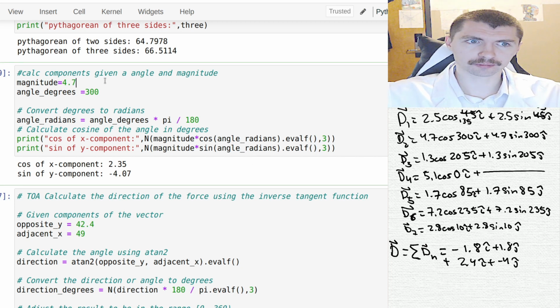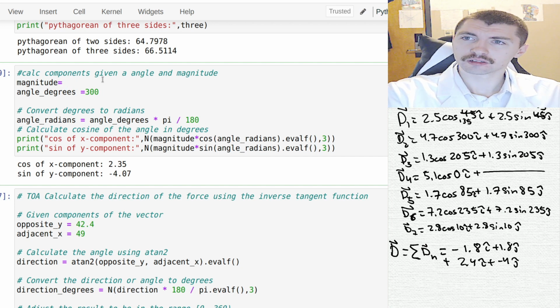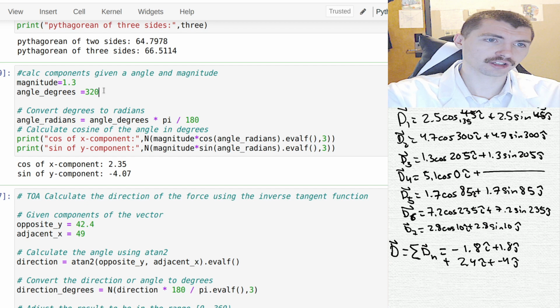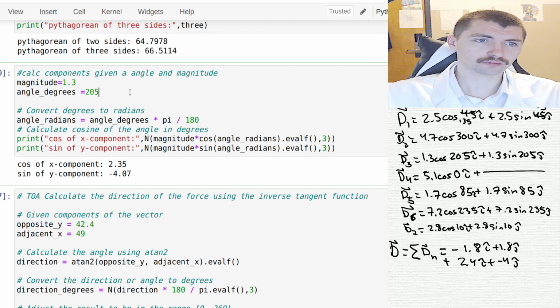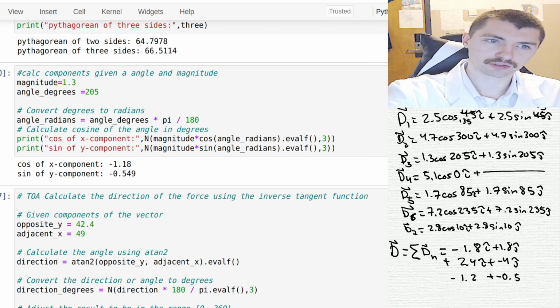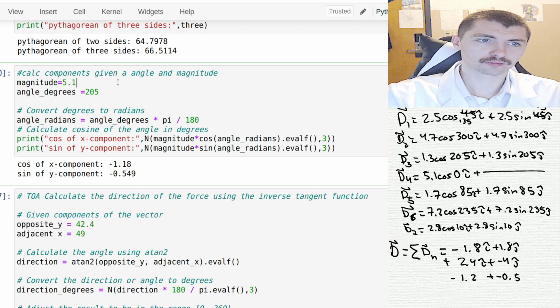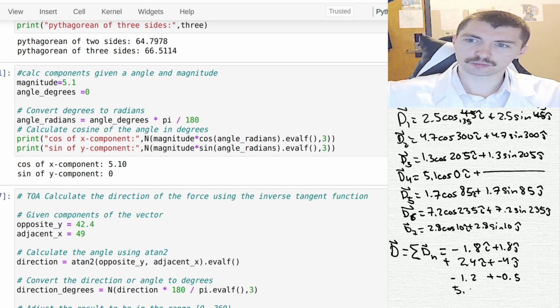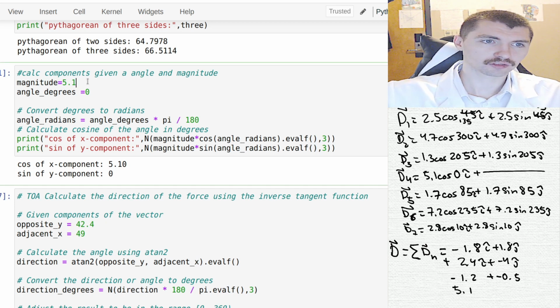Okay. 1.3, 205. Minus 1.2 plus minus 0.5. 5.1. 1.7, 85 degrees.